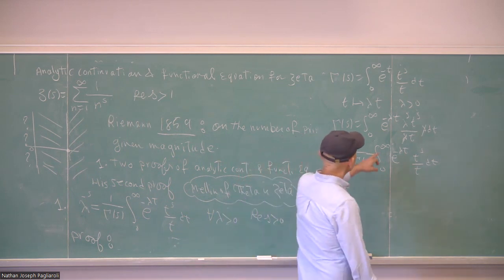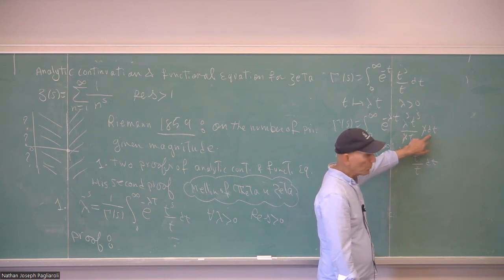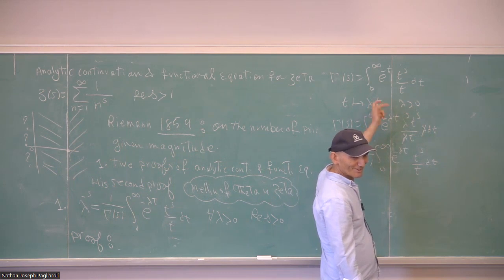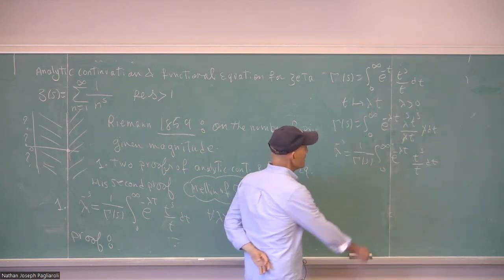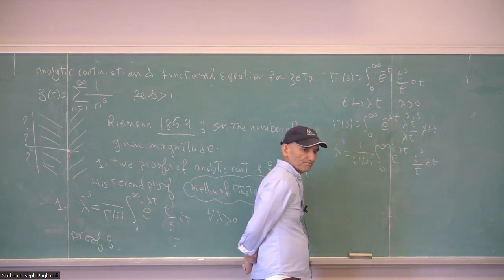Here, lambda dt, yeah, because in the change of variable, t goes to lambda t, so you differentiate, so it should be lambda dt, right? And they conveniently cancel with the denominator, and that's why we get this formula.